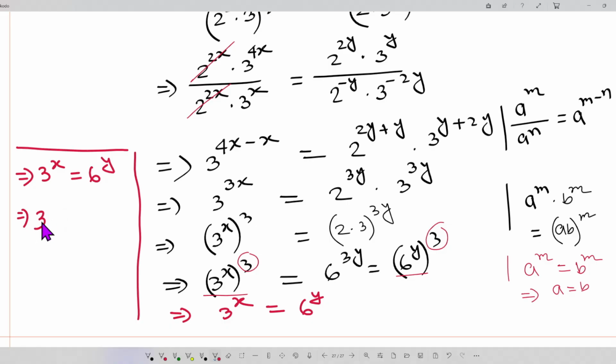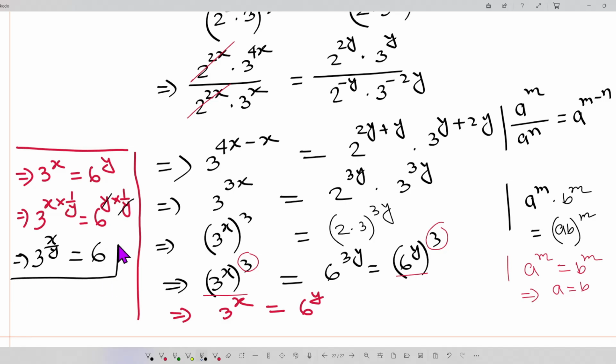It means 3 to the power x times 1 by y equals 6 to the power y times 1 by y. Okay, so in this case 3 to the power x by y equals, y and y cancel out, it will be 6, and this is our answer because our target is to make 3 to the power x by y, right? And we get 6.